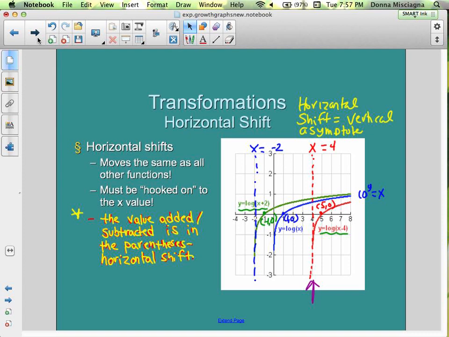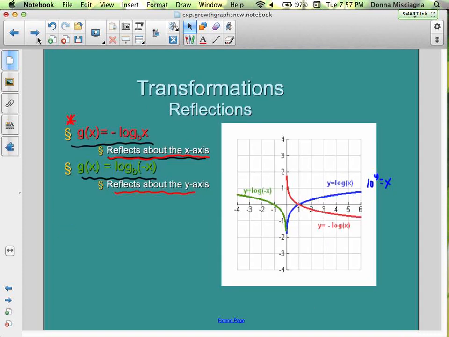And now we have reflections. All of these are in your notes, every bit of them. So here we have g of x equals negative log base b of x. If it's negative in front, it's going to reflect it about the x-axis, because you're just taking a positive number times a negative number, so of course it's going to make it negative.